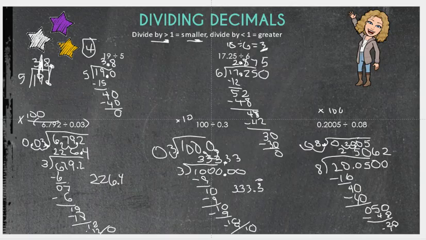Subtract 16 and get 4. Okay, one more 0 gives us 40, and I'm going to run out of space here, but 8 times 5 is 40, and when we subtract that, we will have 0. So our answer in this case is 2.50625, and that is our decimal division.